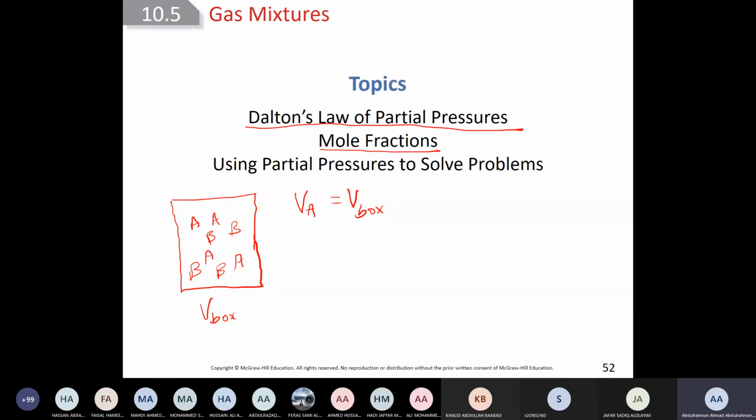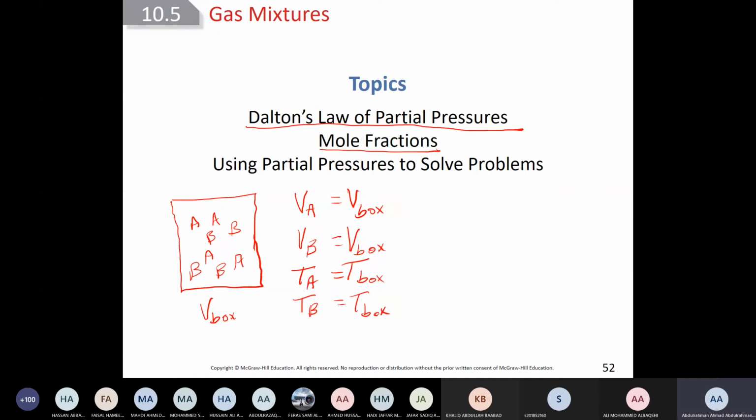What's the volume of B? It's the volume of the box also. No difference. Clear? All right. What's the temperature of A? Temperature of the box. What's the temperature of B? The same temperature of the box. Yes, there is no change.